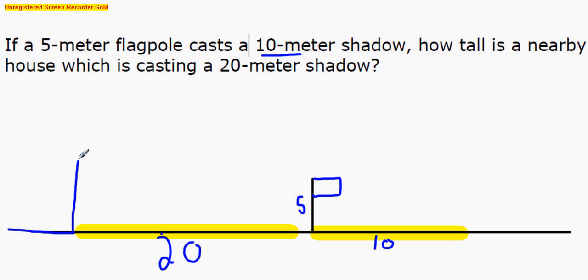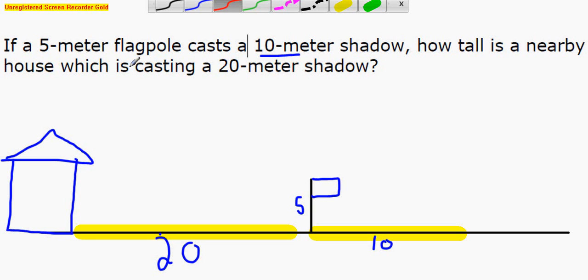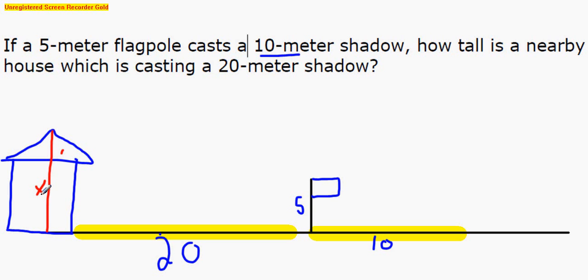So we'll draw a house here. And there's our house, and we want to know how tall this house is. When we don't know something in math and we're trying to find it out, we usually give it the value of x.